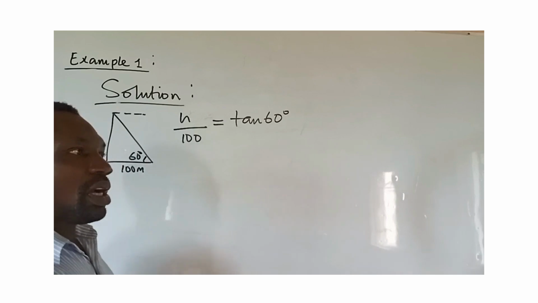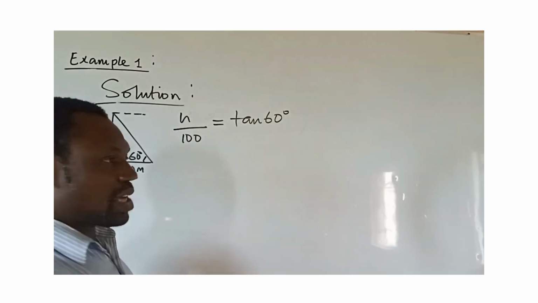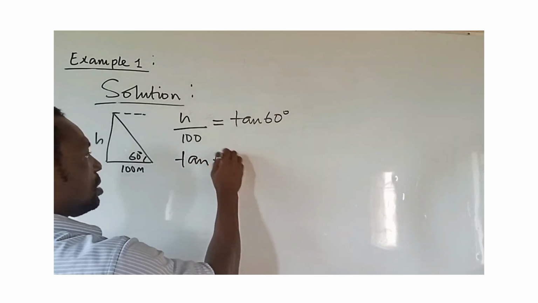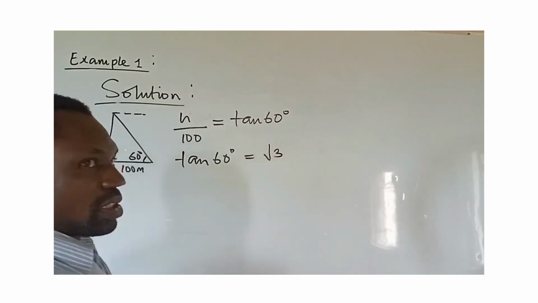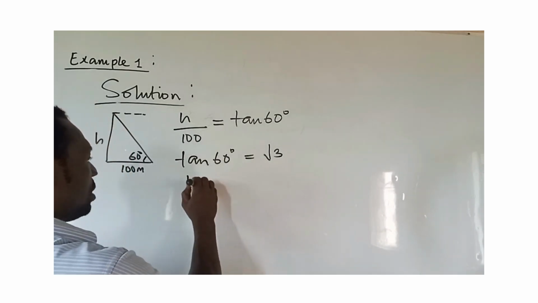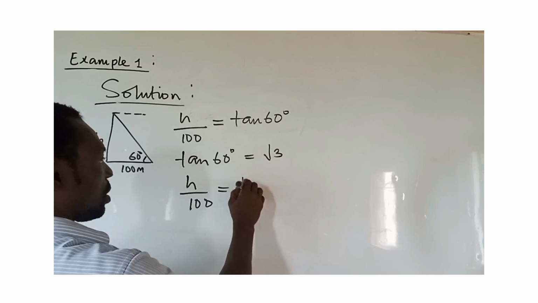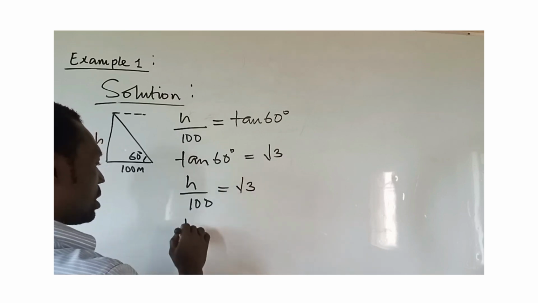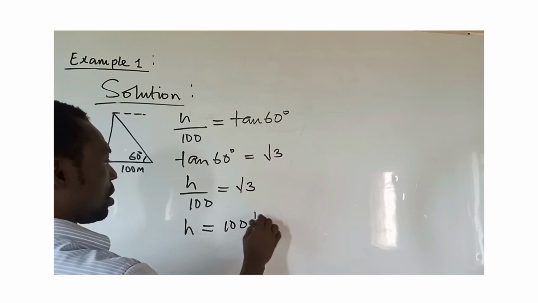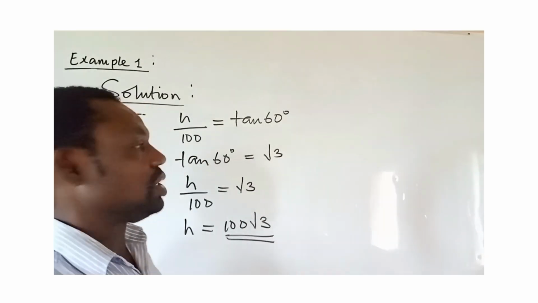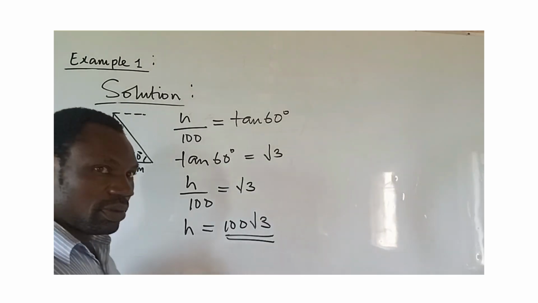And from our trigonometrical ratio, we have that tan of the special angle 60 degrees is equal to root 3. So putting it in the equation, we have h all over 100 is equal to root 3, meaning that h is equal to 100 root 3, which is the height of the tower.